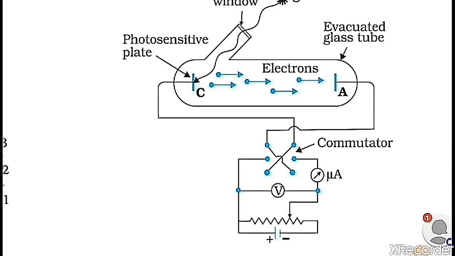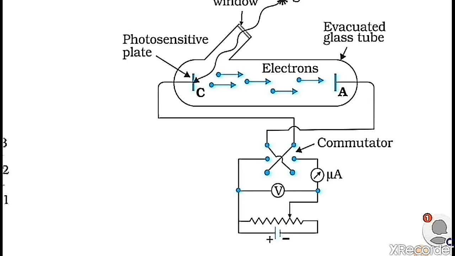The photoelectric current is zero when the stopping potential is sufficient to repel even the most energetic photoelectrons, those with the maximum kinetic energy. That electron possesses the maximum kinetic energy, represented by K maximum, and is equal to eV naught.